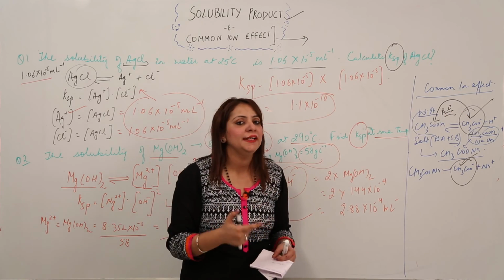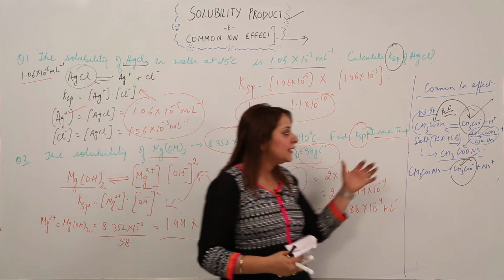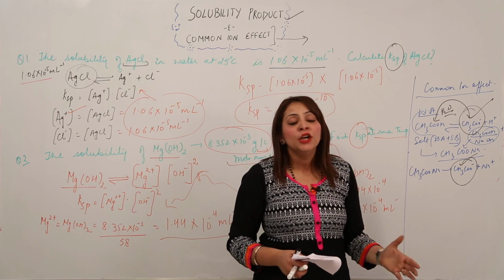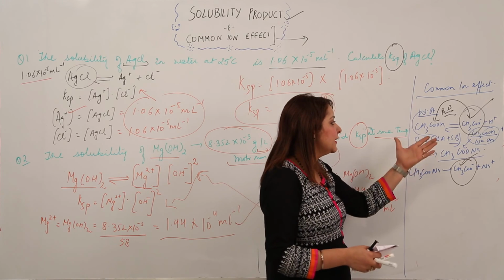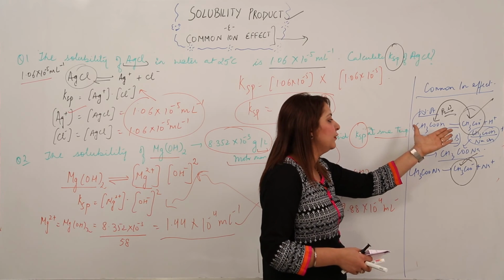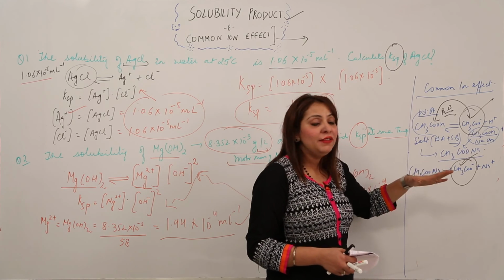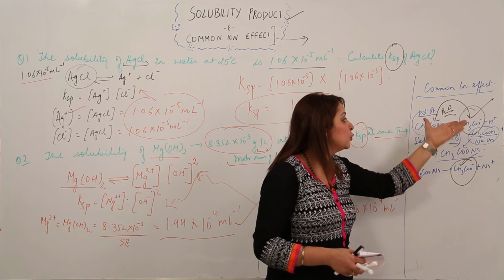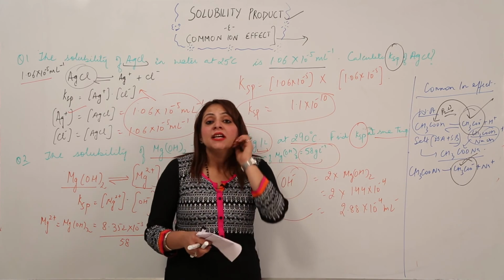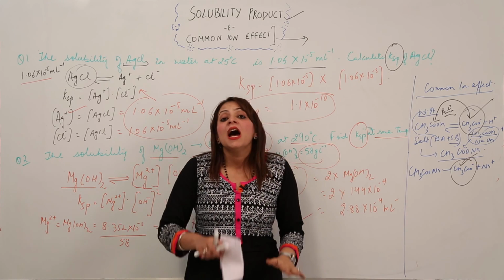So this is the common ion effect. Again, I am repeating in bookish language. It is the suppression of the dissociation of a weak acid, a weak base or a weak electrolyte when we add some solution containing a common ion to it. How does it get suppressed?